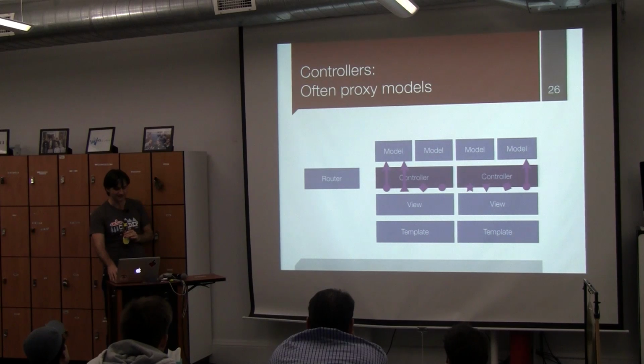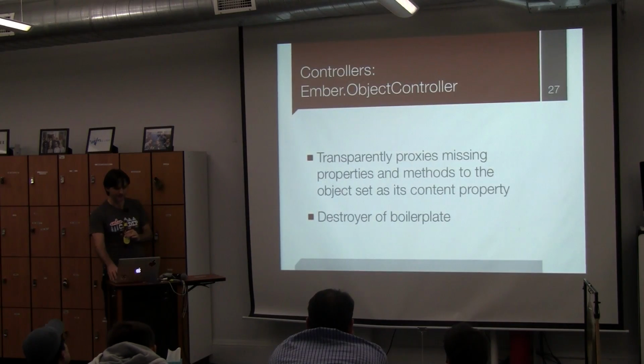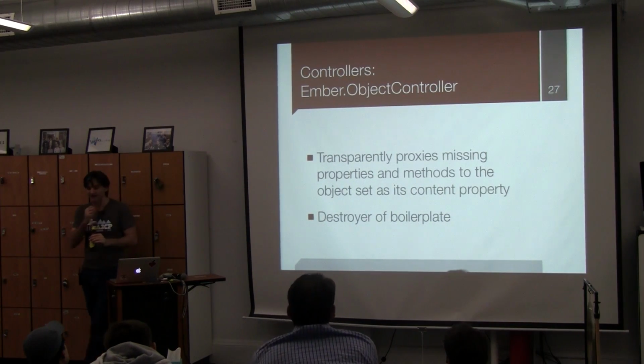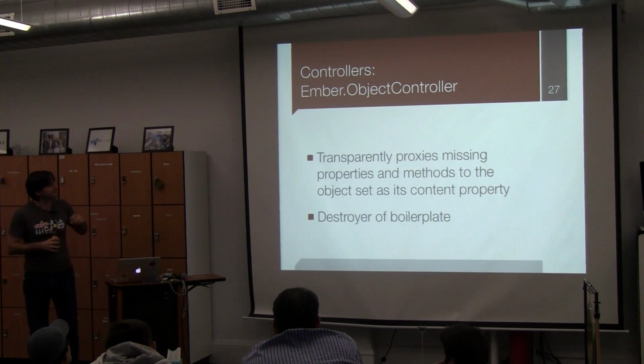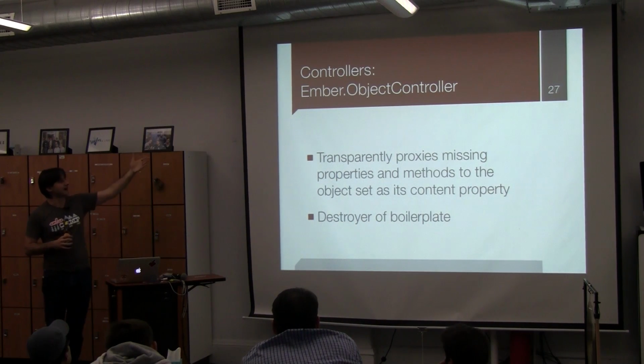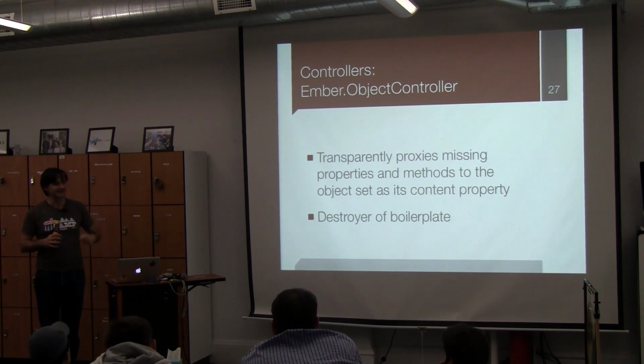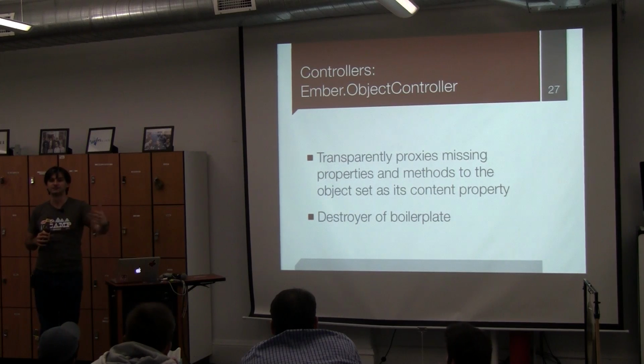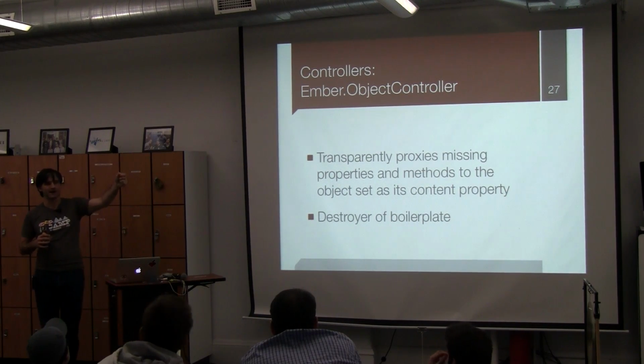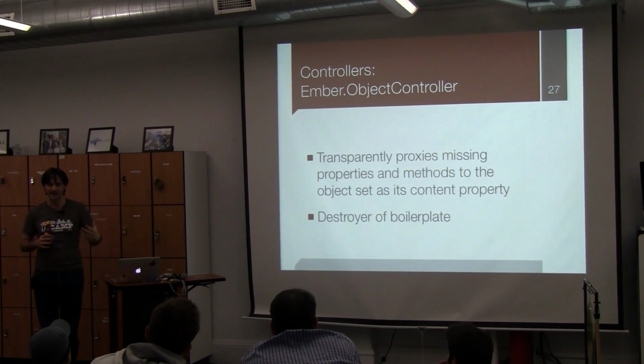So for example, if I have a person controller and I get the first name, if your controller is an object controller, which can proxy to a model object, and I say I want to get the first name property, if the first name property is not defined in the controller, it's going to go automatically and look at the model instance for you and get the first name from that.